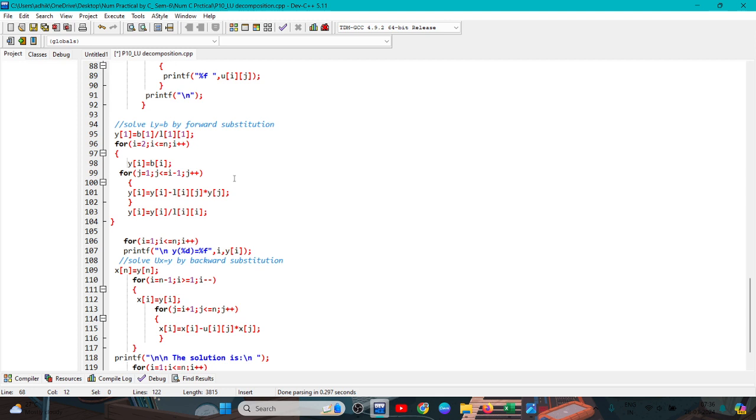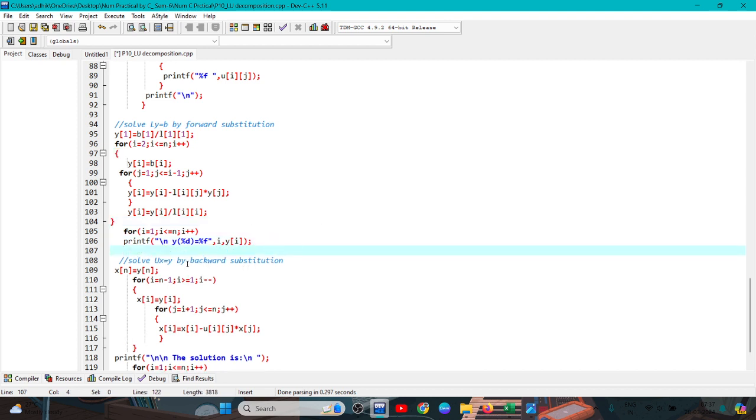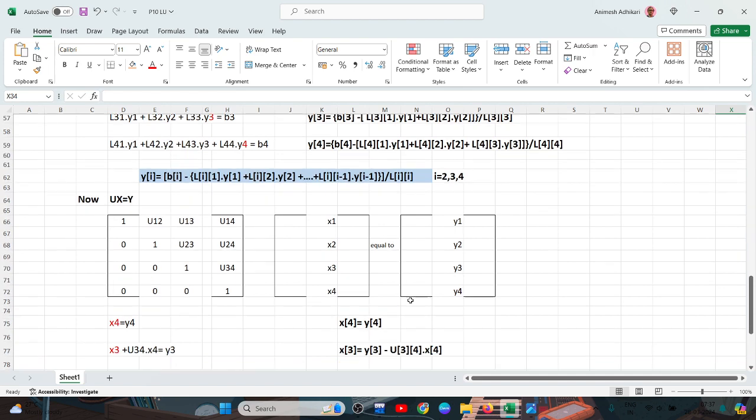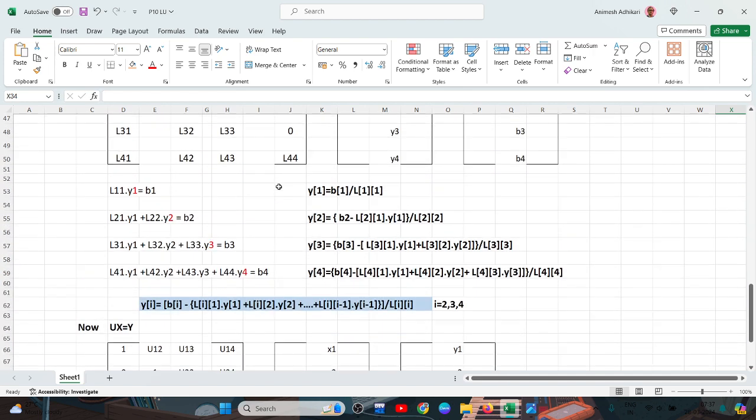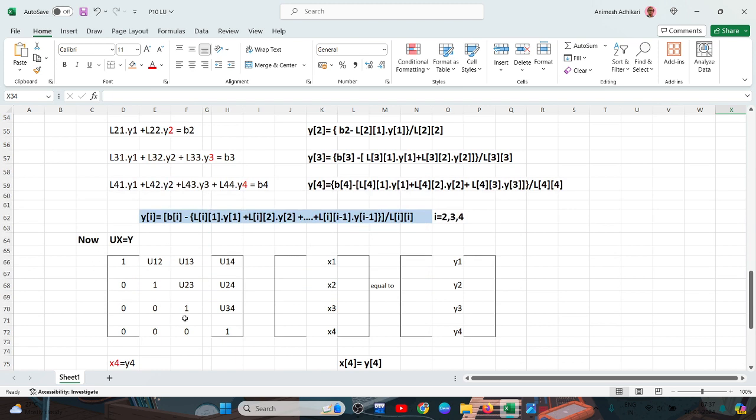So you get the solution of Ly equal to b, and print this. Next, solve Ux equal to y by backward substitution. Here U is the upper triangular matrix, x is x1, x2, x3, x4, and y is given.